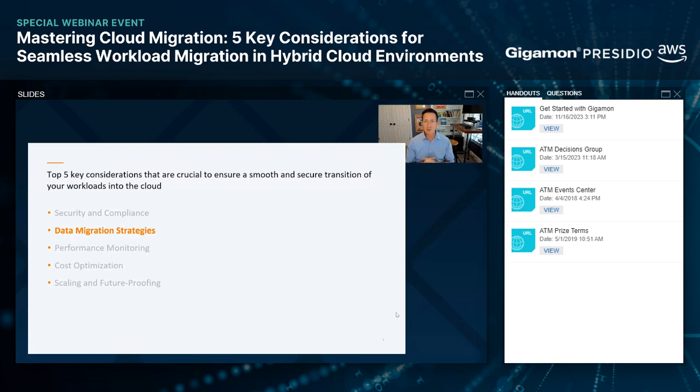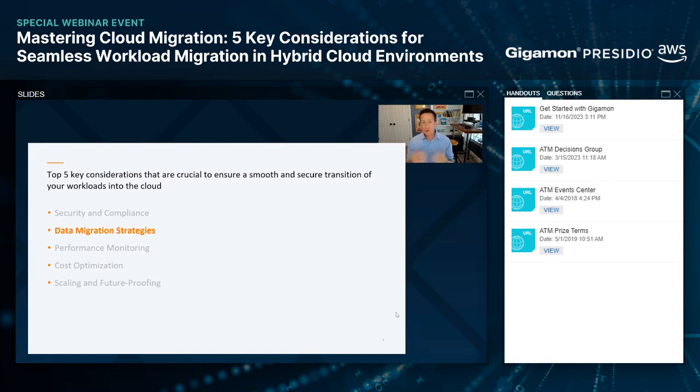I know we're launching some new interesting sovereign markets in Europe right now. So I would encourage customers to always reach out to their Amazon team, to their partner, Presidio, and explain what they're trying to accomplish so that we can suggest which data strategy or migration strategy is going to be best for them.